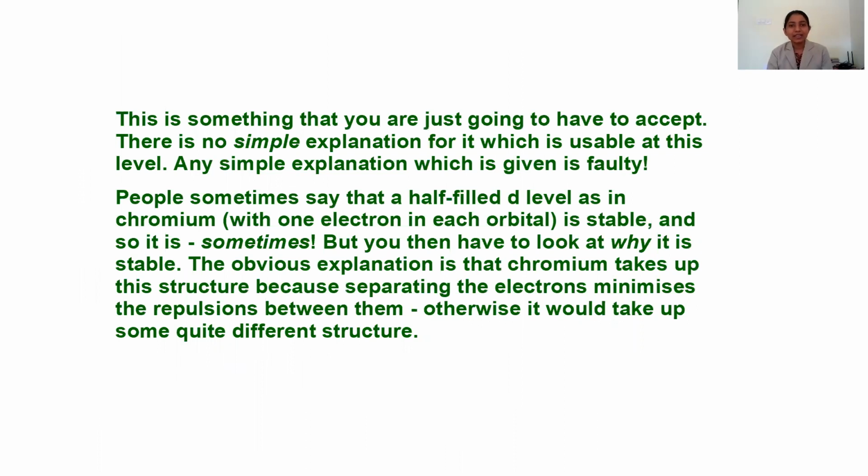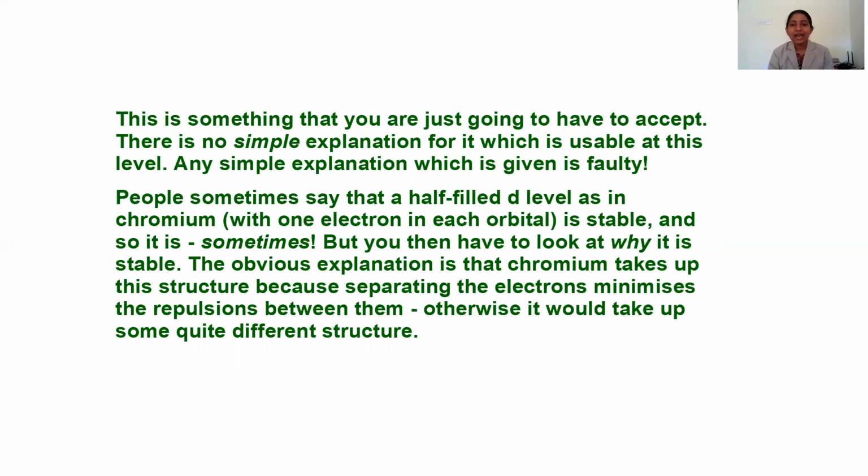This is something that you are just going to have to accept. There is no simple explanation for it which is usable at this level. Any simple explanation which is given is faulty. People sometimes say that a half-filled d level, as in chromium, that is with one electron in each orbital, is stable, and so it is sometimes.